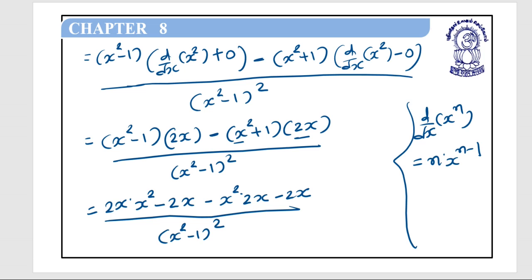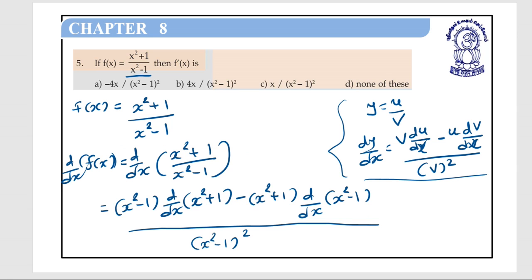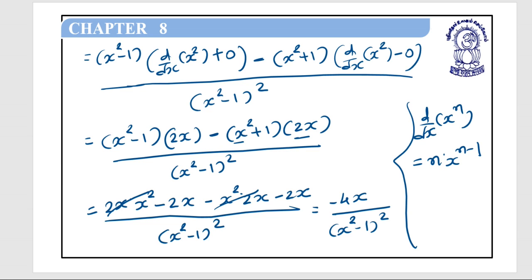So 2x into x square minus x square into 2x, this cancels, plus or minus. So it is minus 4 into x upon x square minus 1 whole square. So here option A is the right answer, minus 4x upon x square minus 1 whole square.